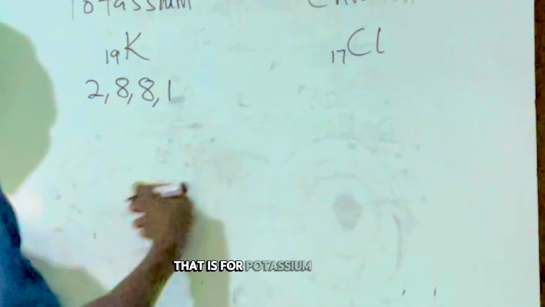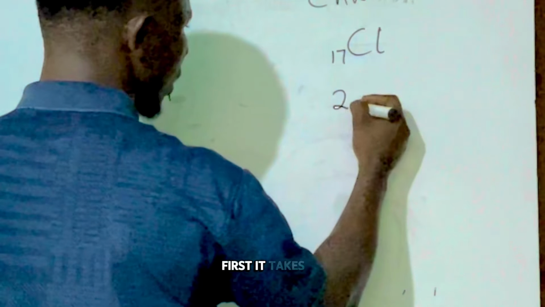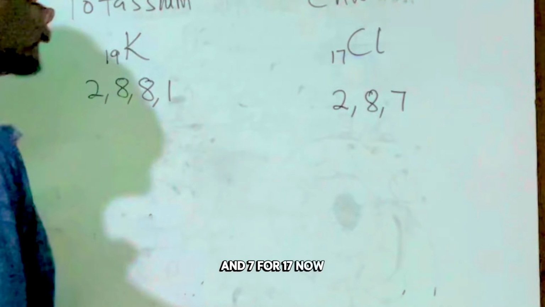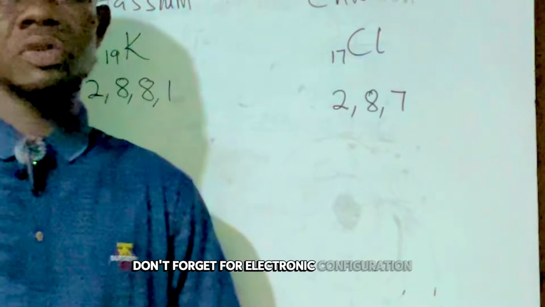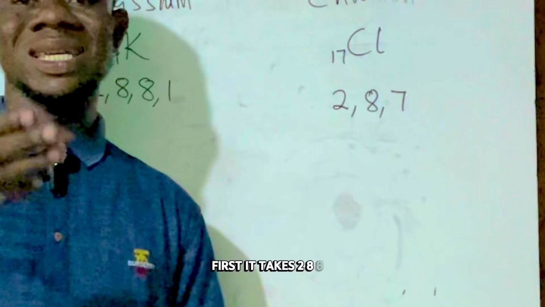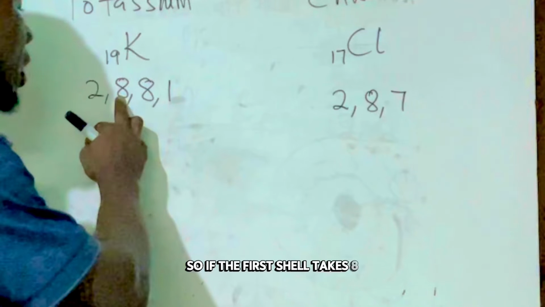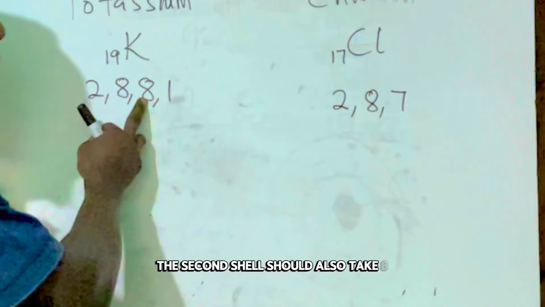That is for potassium. Chlorine: first shell takes 2, 8, and 7 for 17. Now, don't forget for electronic configuration, the first shell takes 2, then 8, 8.